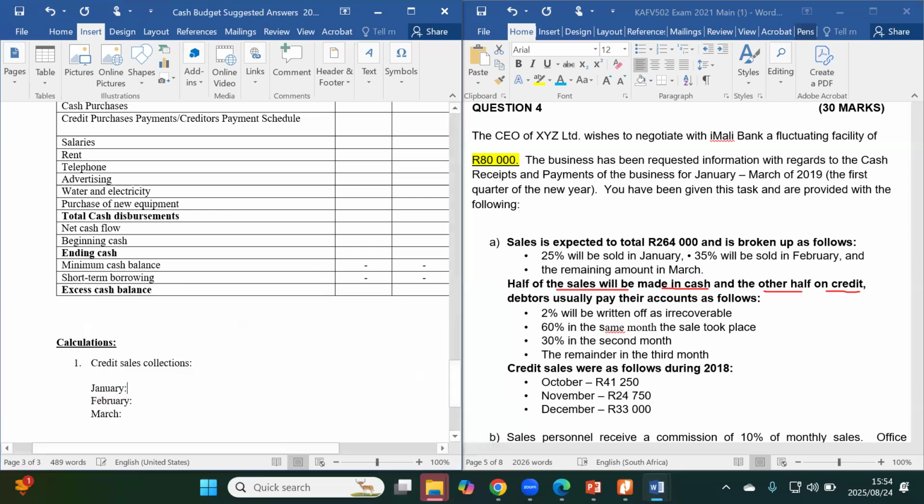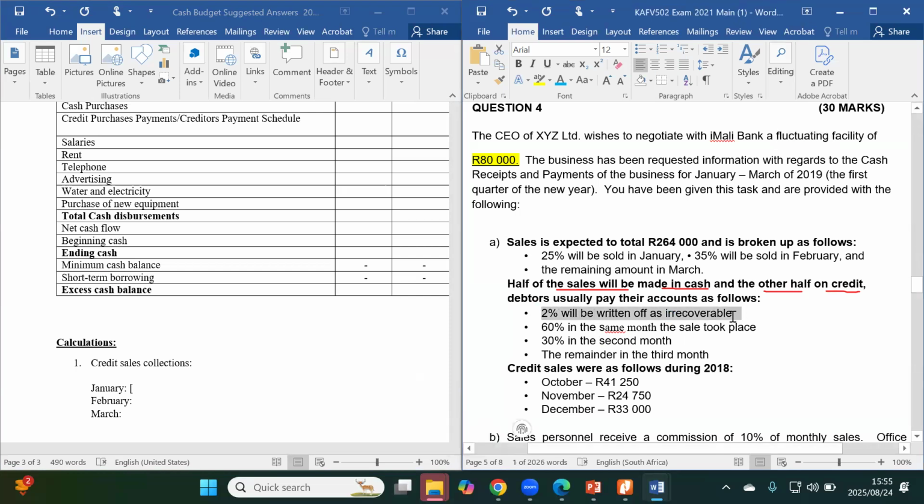So for the month of January, it's going to be simple. It's not complicated. What did they tell you about credit sales? So we are told that the other half, which is of course on credit, here's how it's going to be collected. 2% will be written off as irrecoverable, which we understand. And then 60% is collected in the same month when the sale took place.